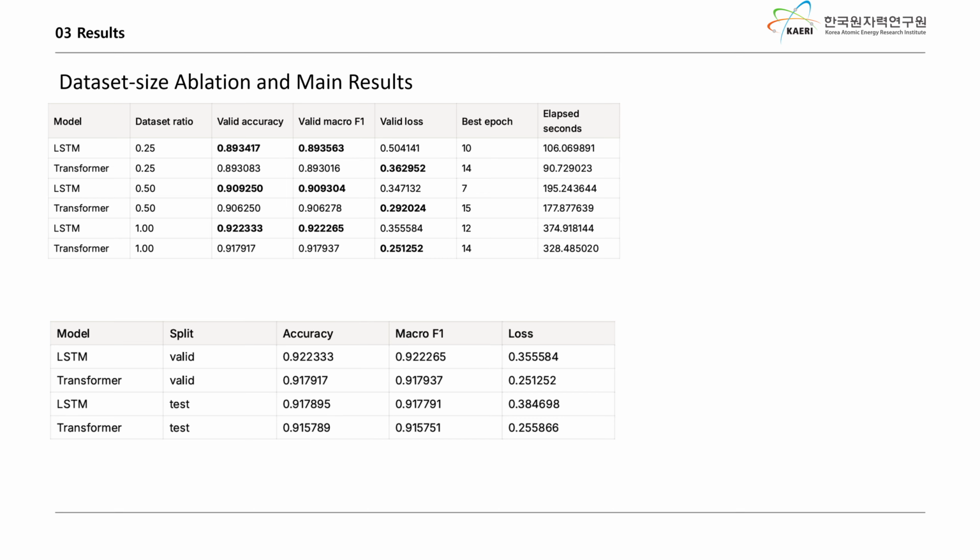However, the transformer consistently recorded noticeably lower cross-entropy loss across all data ratios. This means while the LSTM is slightly better at final class decisions, the transformer produces much better calibrated probability distributions.